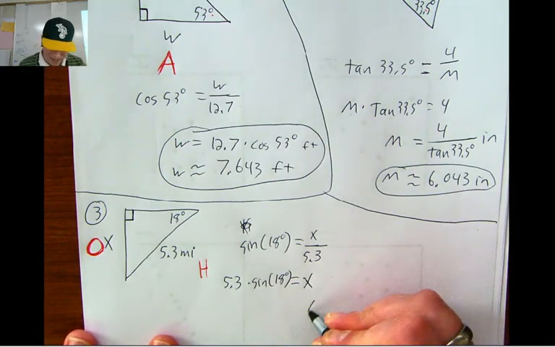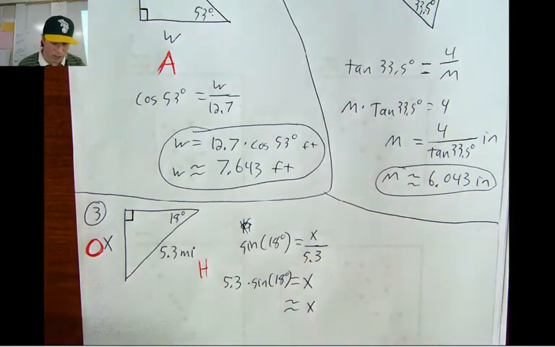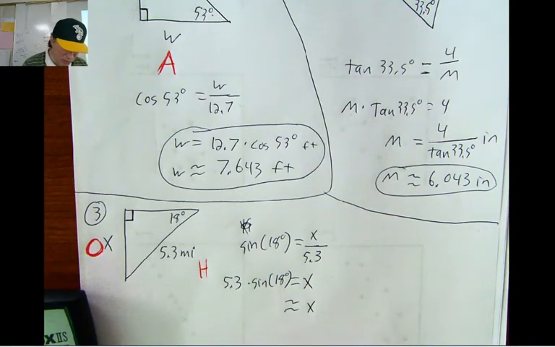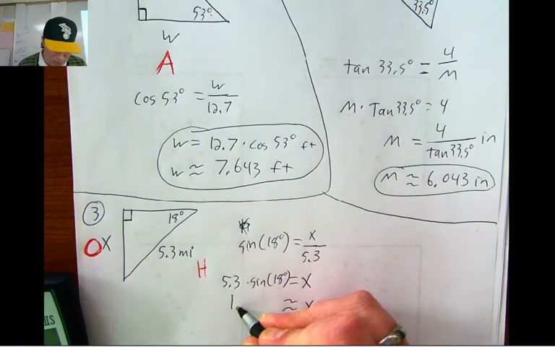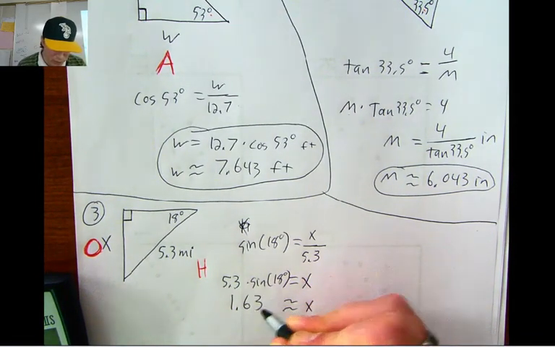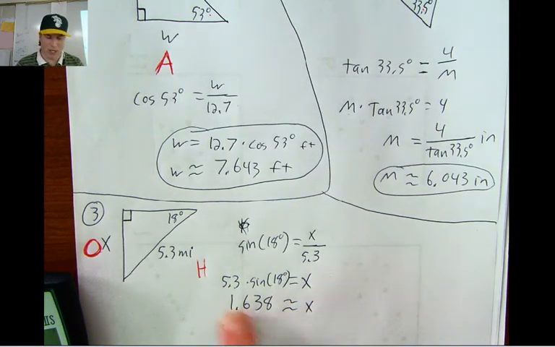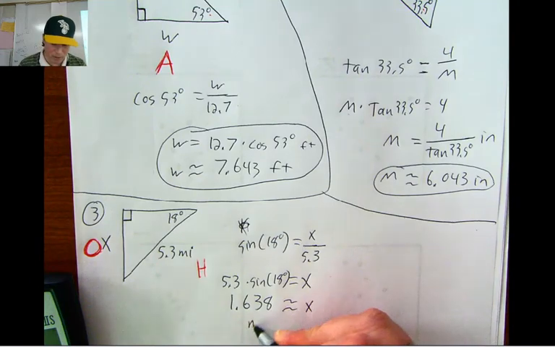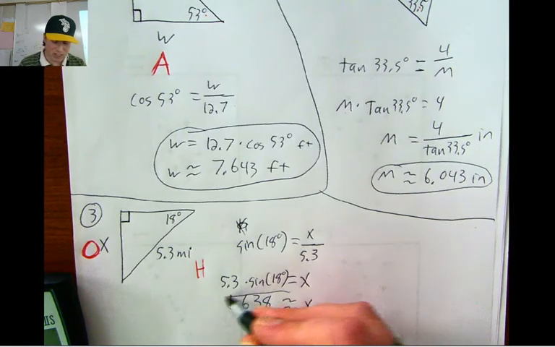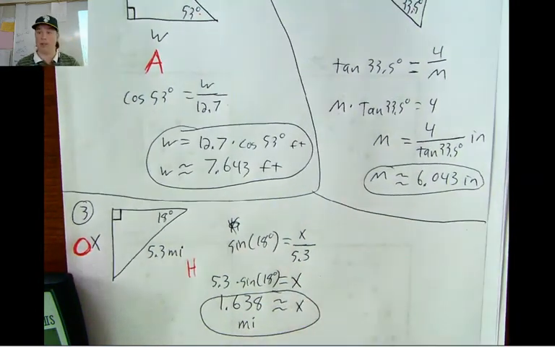That is the exact answer. You can then pick up your calculator and get the decimal approximation, and in this case I got 1.638 if I round up. 1.638, and we're talking miles. Whoa, big triangle. So 1.638 miles approximately.